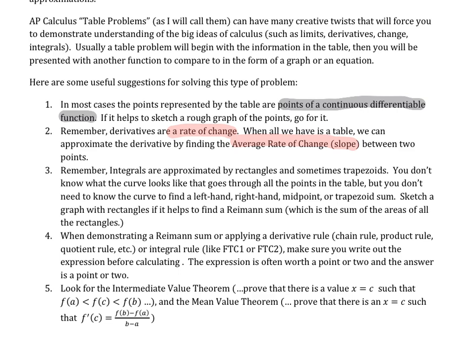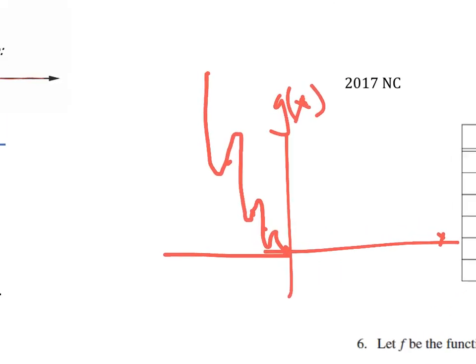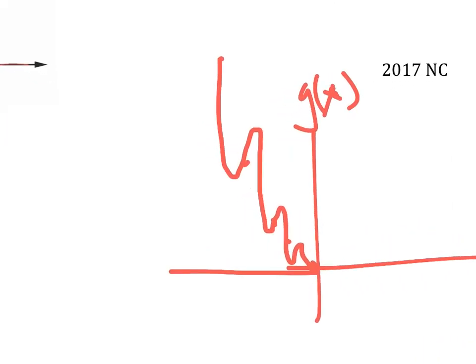Integrals can be represented by rectangles or sometimes trapezoids. We don't need the whole curve to know that. Looking back at this little sketch, I don't know if this problem asks us for an integral of this, but all we really need are these points to be able to make some rectangles.